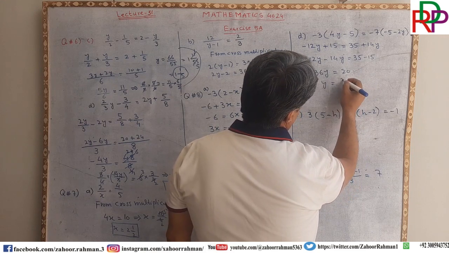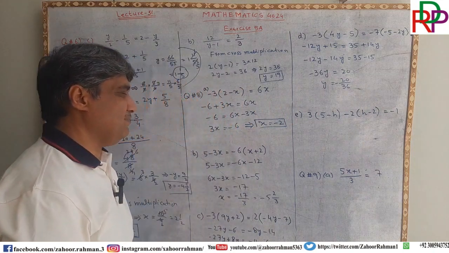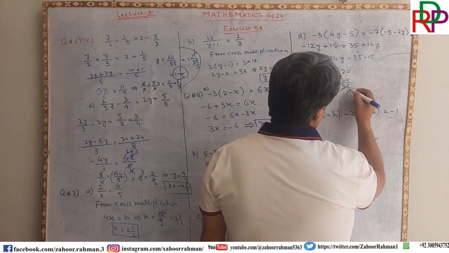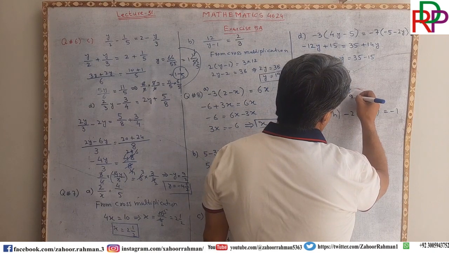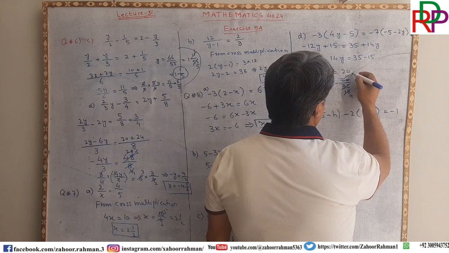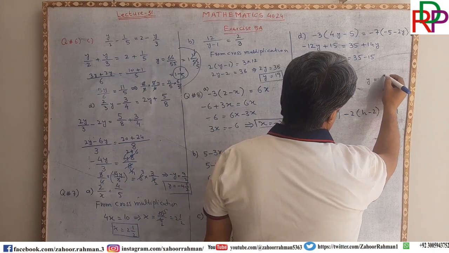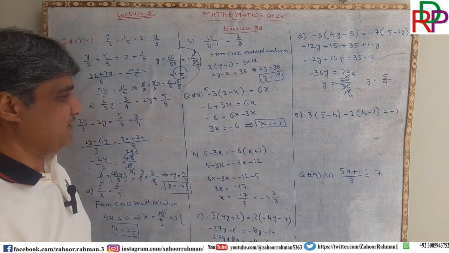So y is equal to 20 divided by 36 with a negative symbol. Two 18s are 36 and two 10s are 20, two 9s are 18 and two 5s are 10. So y is equal to minus 5 over 9 is the ultimate answer.